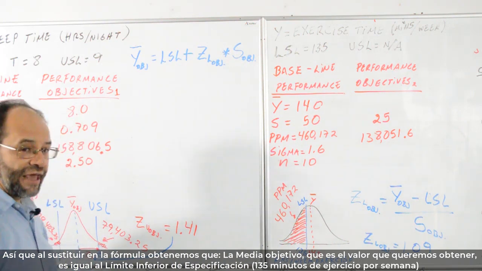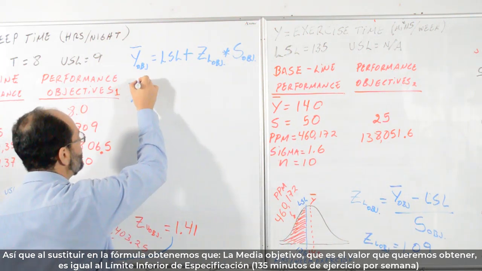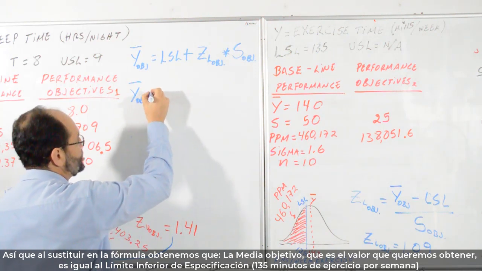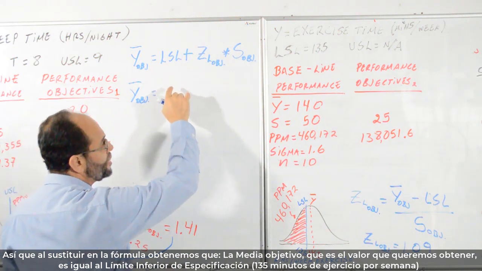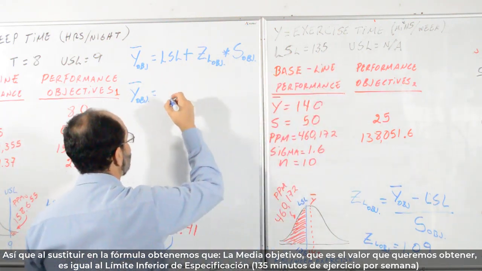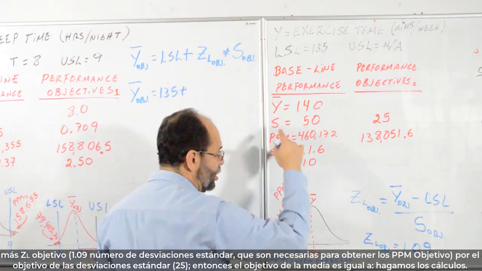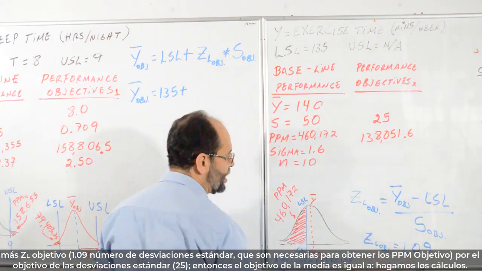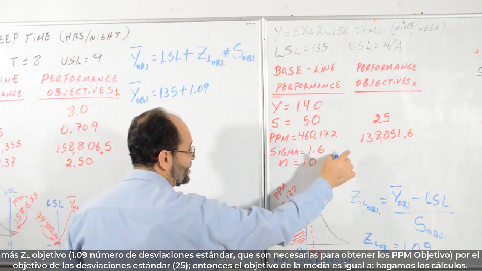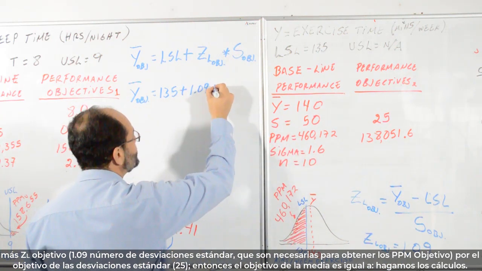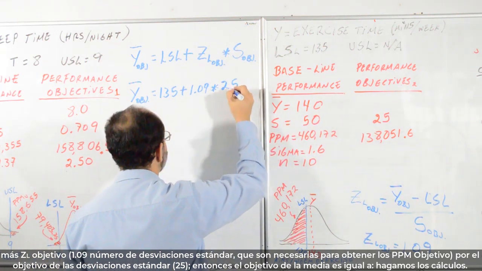Okay, and you're substituting in our formula. So the mean objective, which is the value that we want to get, is equal to the lower specification limit, 135 minutes of exercise per week, plus the Z lower objective, 1.09 number of standard deviations that are necessary to get this area, times the standard deviation objective, which is 25.